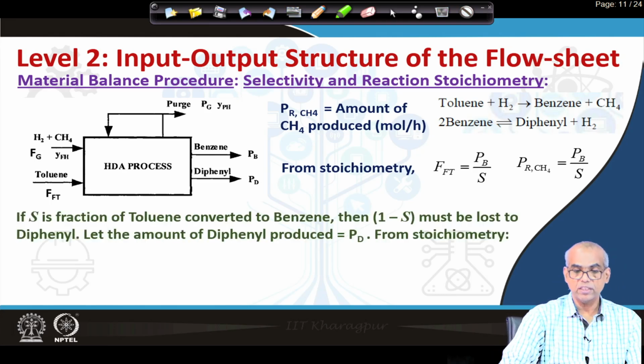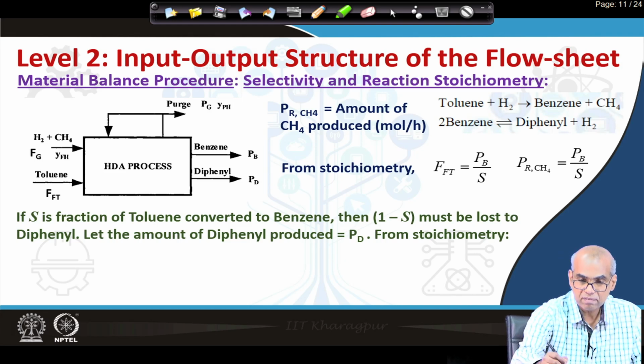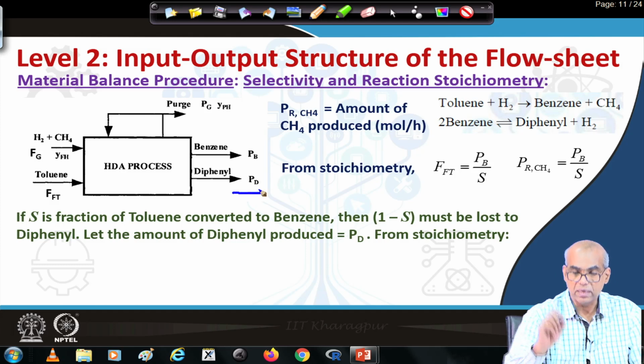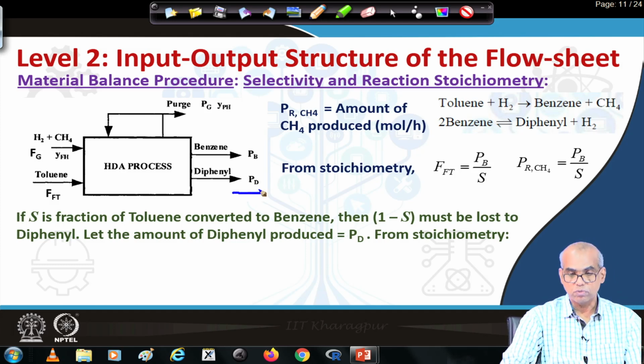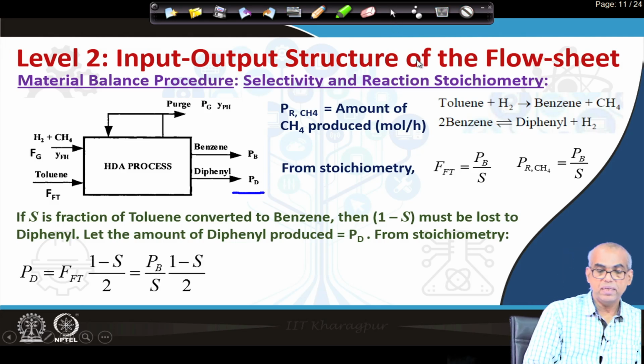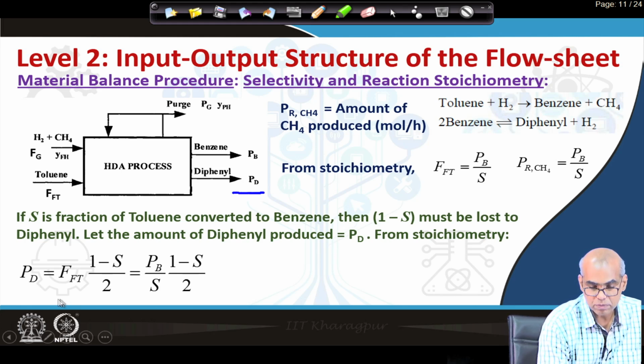If S is the fraction of toluene converted to benzene, then 1 minus S must be lost to diphenyl. Let the amount of diphenyl produced be Pd, in moles per hour. So, from stoichiometry we can say that Pd will be equal to FFT into (1 minus S) by 2.